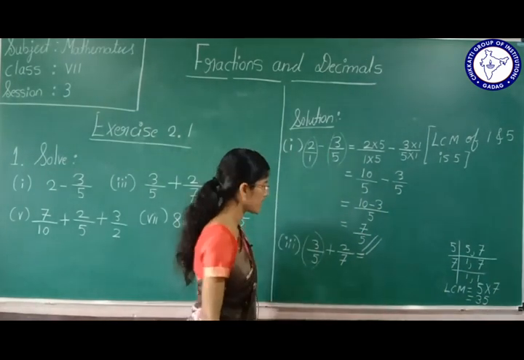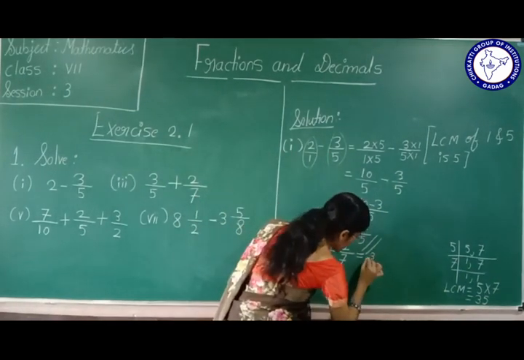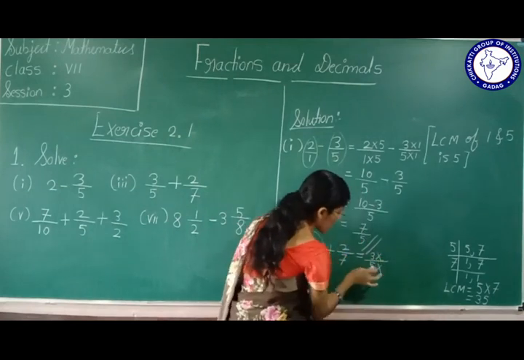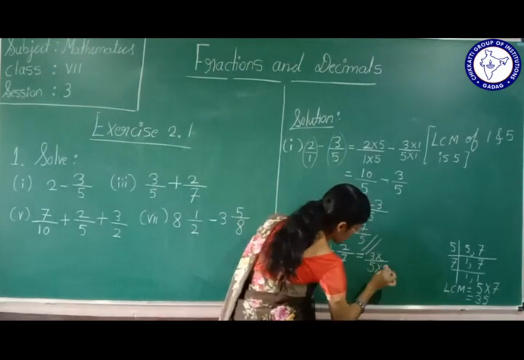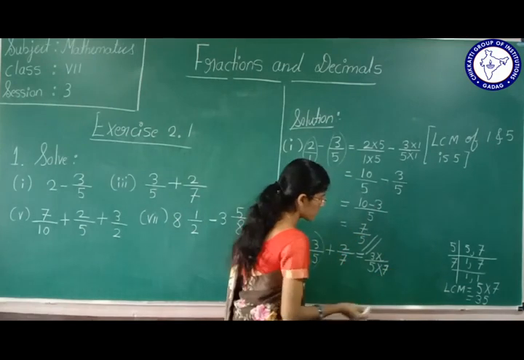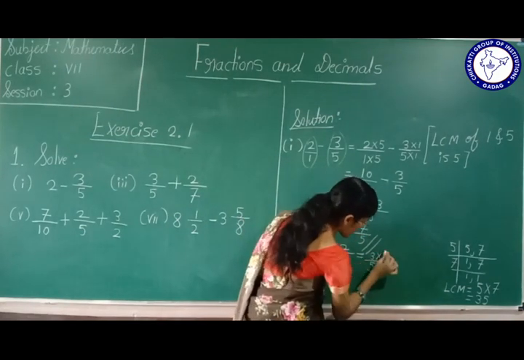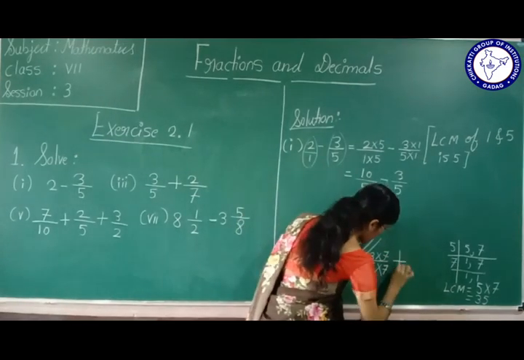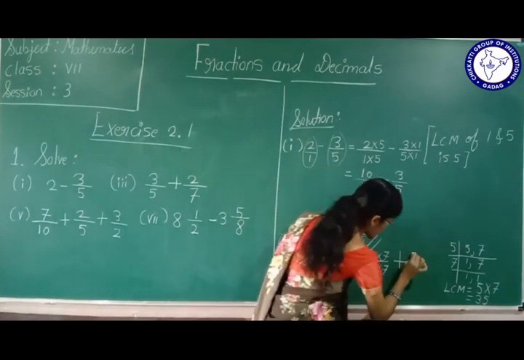LCM is 35. Now see, 3 by 5. 5 how much are 35? 5 7s are 35. Here multiply both numerator and denominator by 7. Here plus is there. Plus 2 by 7.